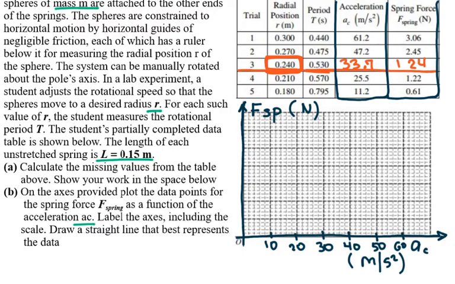And my spring force goes by, the smallest is 0.61, and then 0.6 bigger, and then this was, I believe, 184. Yes, this point was 184.